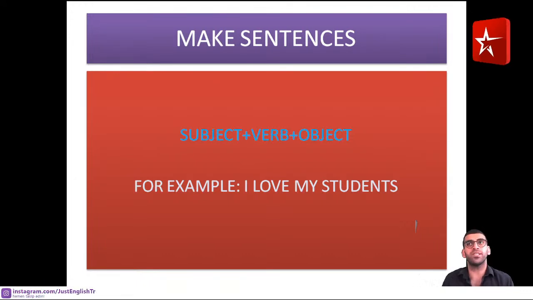That's it. Or let's say a new word, curtain. What's curtain? It means perde. So how can I use curtain in my sentence? I have to use it. For example, my curtains are beautiful, or the colors of my curtains are wonderful. So I'm learning the structure of sentences.